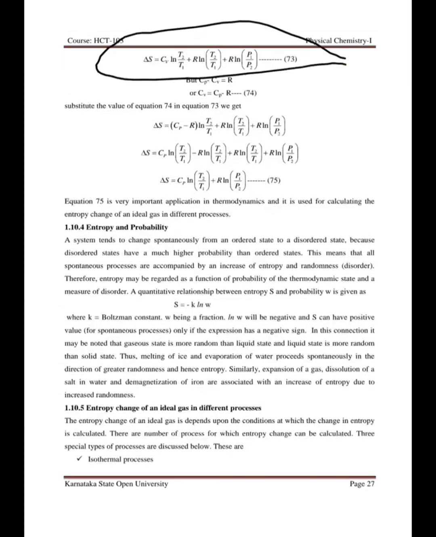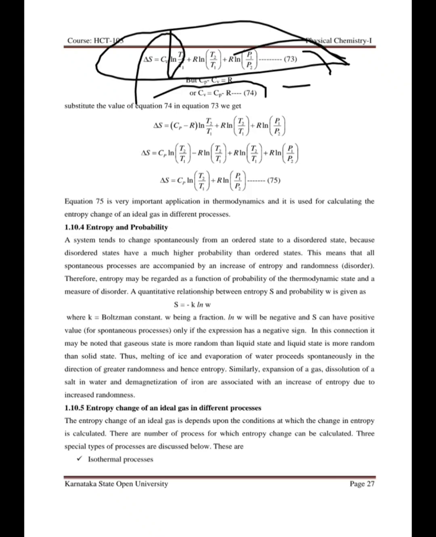Further, after substitution, Cp minus Cv, at constant pressure minus constant volume, that is R. Further, the equation can be written by substituting 74 in equation 73, where Cv is equal to Cp minus R, at constant volume.